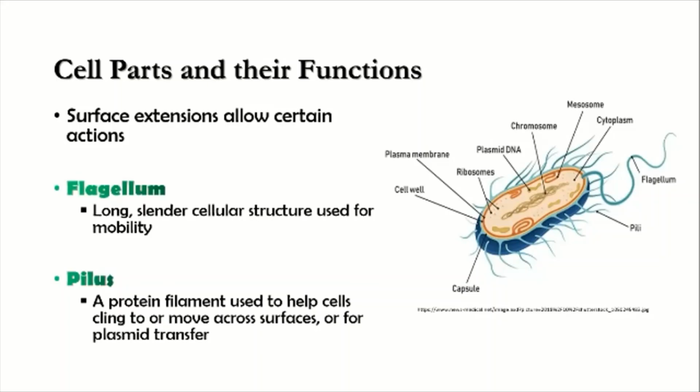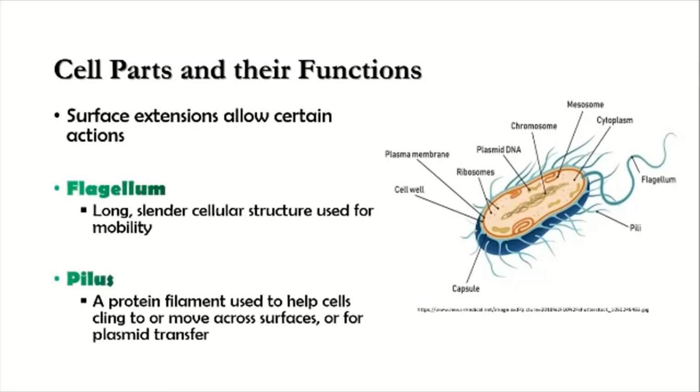So this is for attachment. The eukaryote also has pili, for attachment to a surface or to other cells. For eukaryotes, one example of a cell that has a flagellum is the sperm cell.